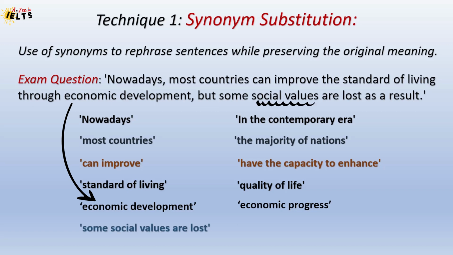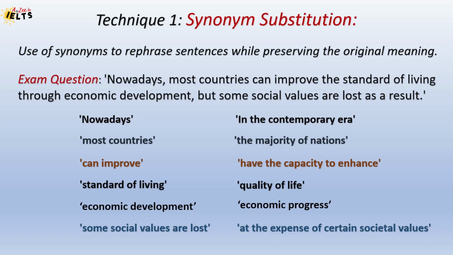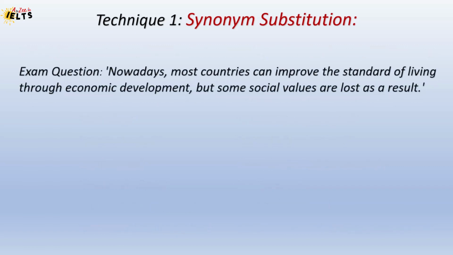Some social values are lost. We can also change this to at the expense of certain societal values. This maintains the idea while using different phrasing. And there you have it. By applying synonyms, we have successfully paraphrased our original sentence.